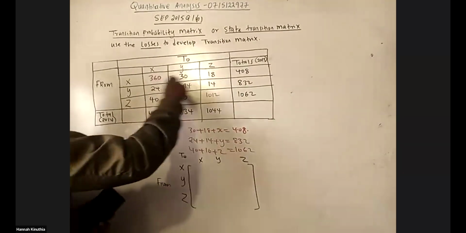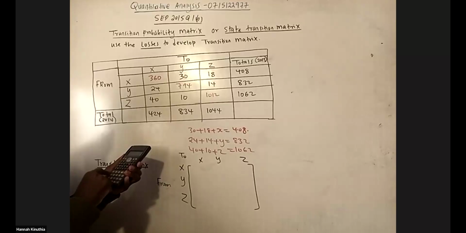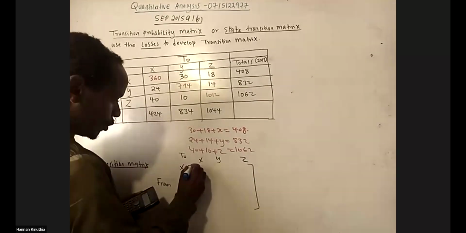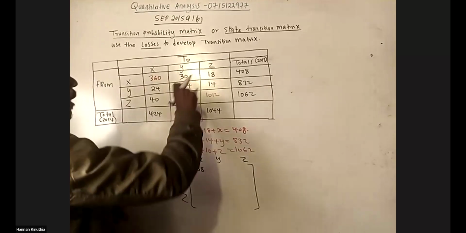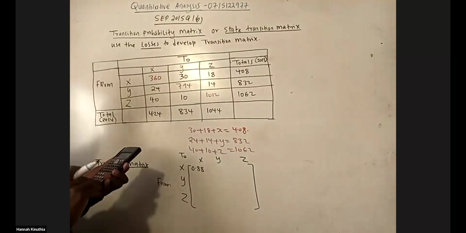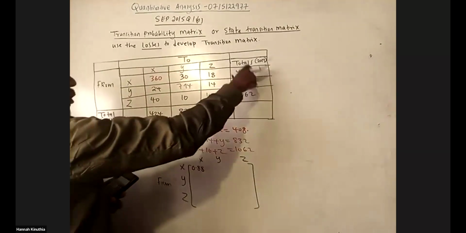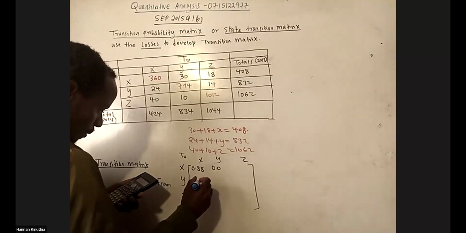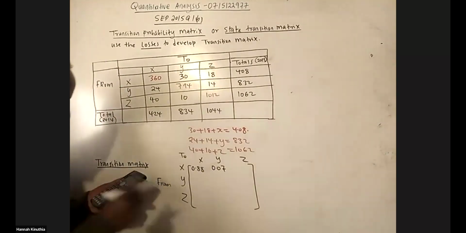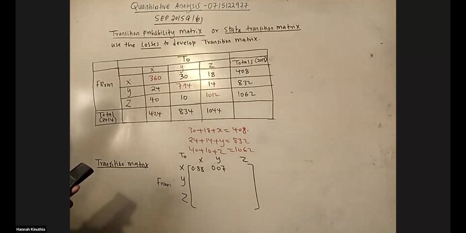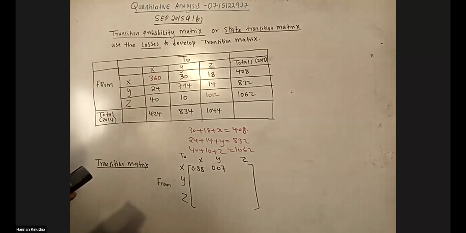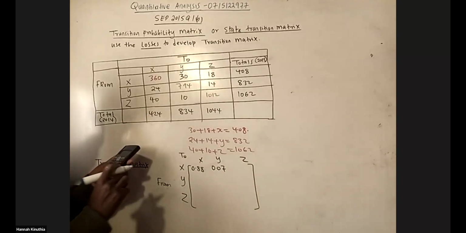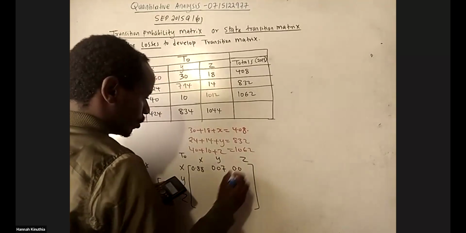So the first is 360 divided by 48, which gives you 0.88. The second is 30 divided by 48, which gives you 0.07. Is that okay? And then the last one should be 0.05. So 18 divided by 48, 0.05. It's supposed to be 0.05.